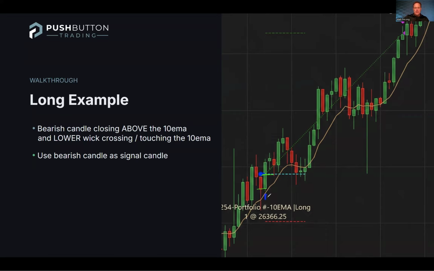What if it closes here and falls off the map, ladies and gentlemen, do we get into the trade? The answer is yes or no. The answer is no, we do not. We do not get into the trade. That is the beauty of the stop limit. Think of it like a condition. It's like if this happens, if price action turns around and goes higher, then and only then am I going to be in the trade. And a lot of retail traders do not know about that. Okay.